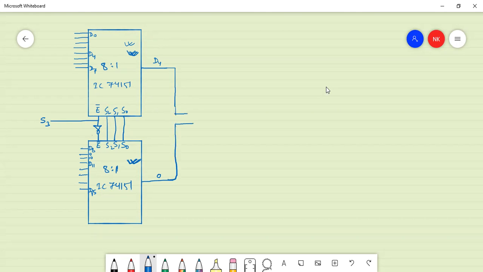We need an OR gate, so that after this combination, here we have D4 and here we have 0, at the output Y we get D4. It will be at the output only when we use an OR gate.